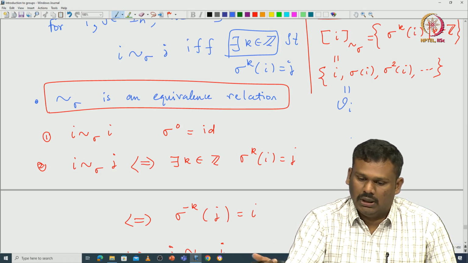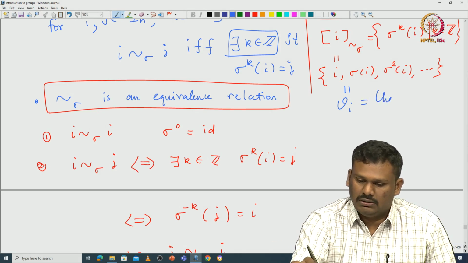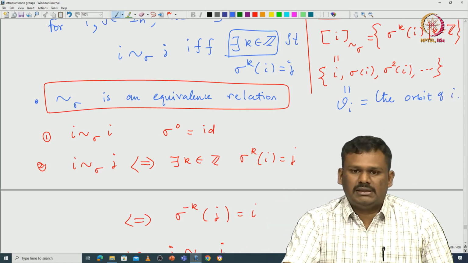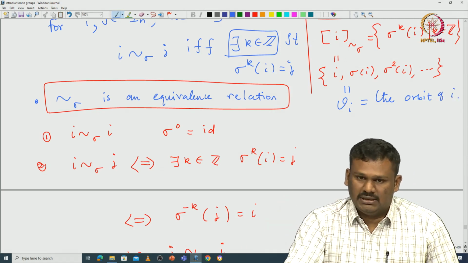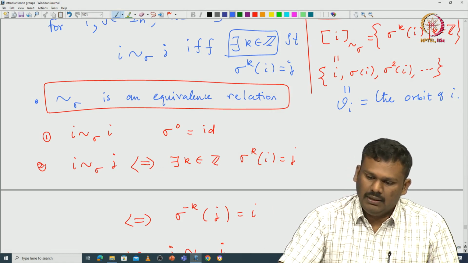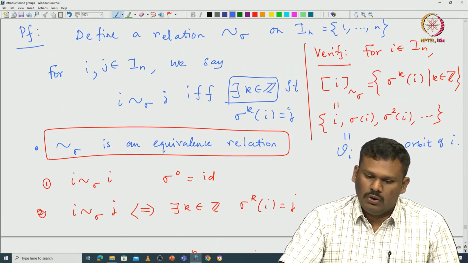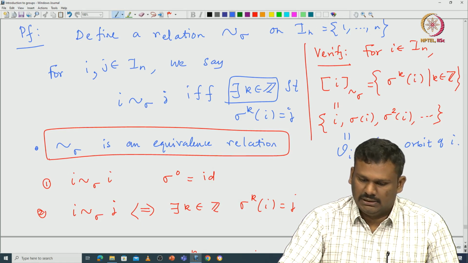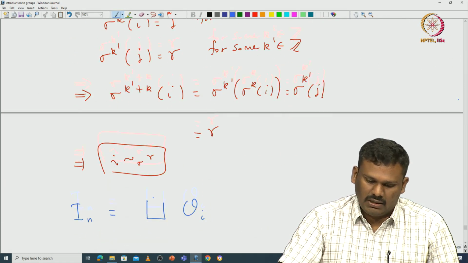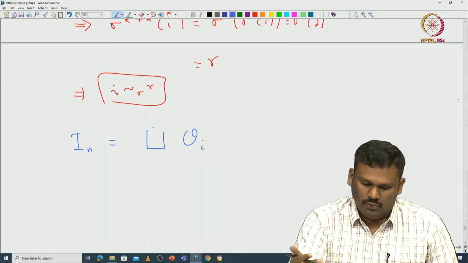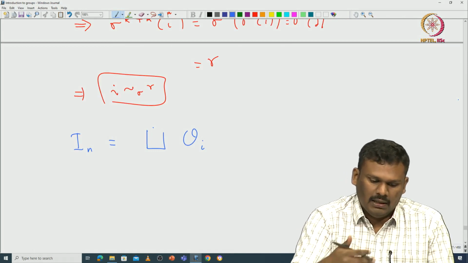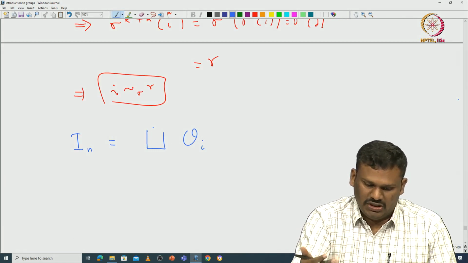So that is called the orbit of i. All these things are related to group actions, which we will see later. But anyway, we are talking about a particular group action here. Later when we come to group actions, it will become clear which group is acting on which.